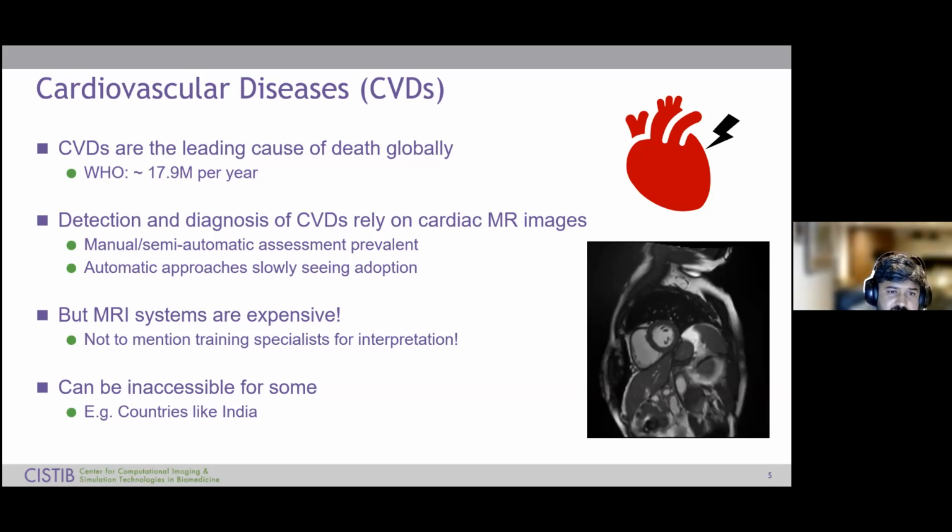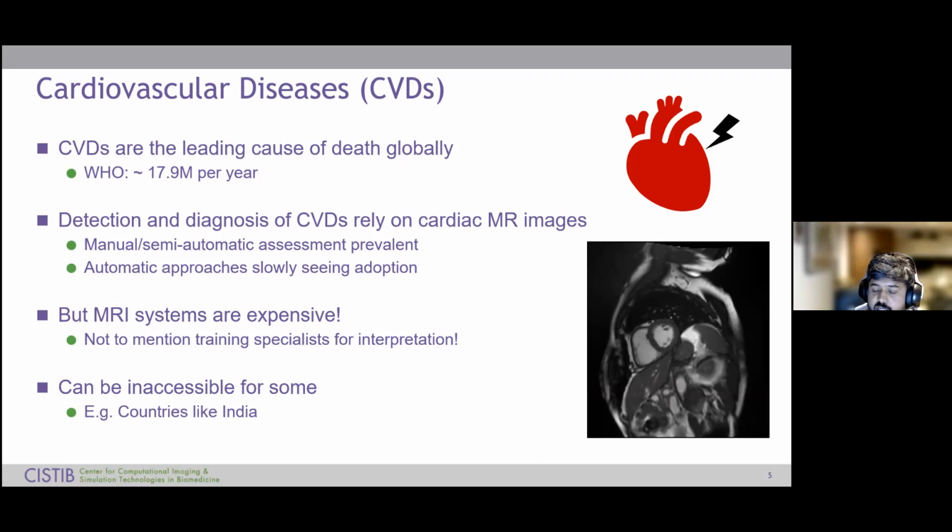Cardiovascular diseases are the leading cause of mortality and morbidity worldwide, with the World Health Organization recently reporting that an estimated 17.9 million people per year die of some cardiac-related disease.